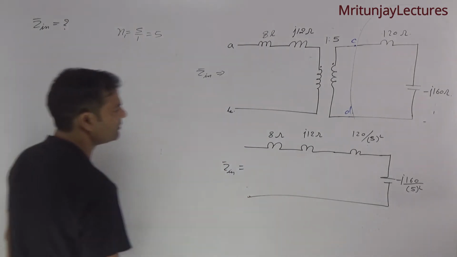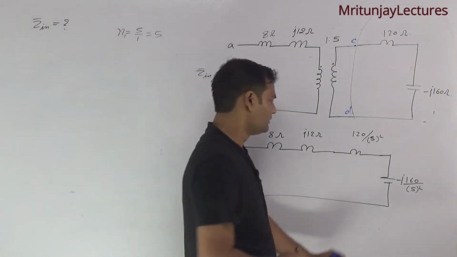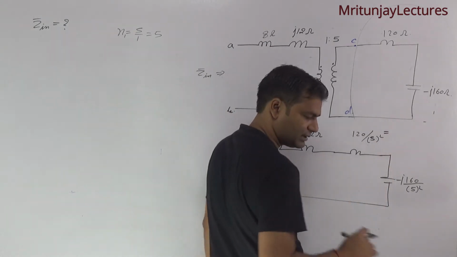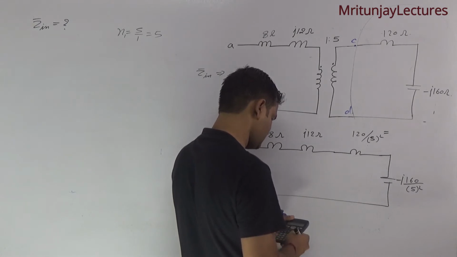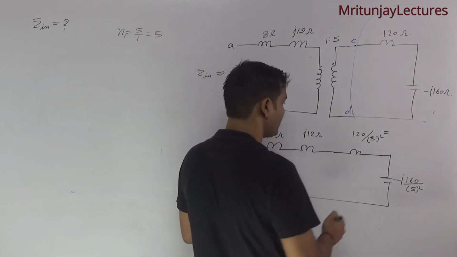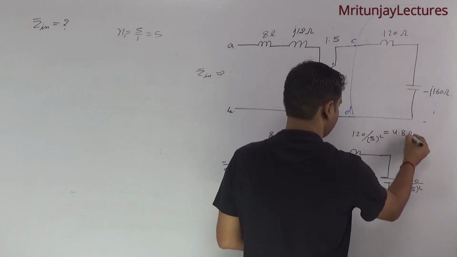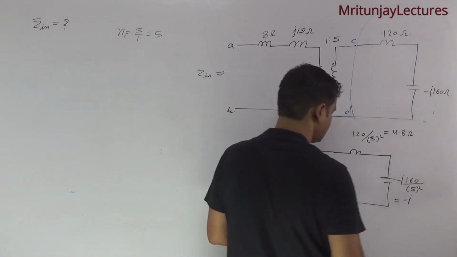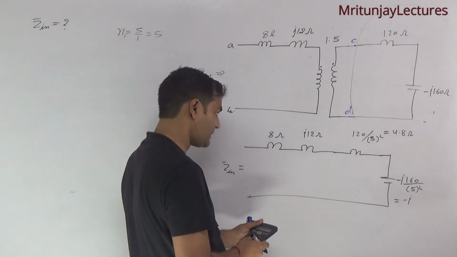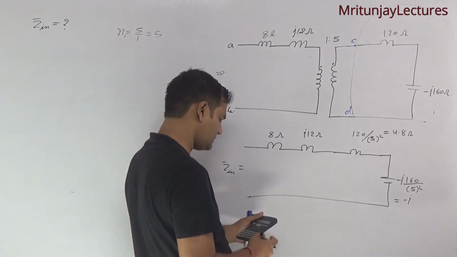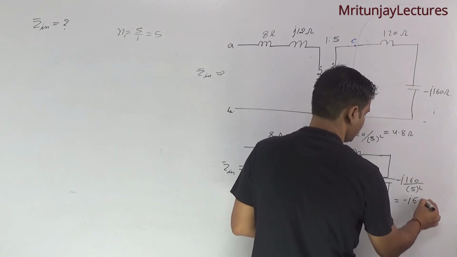Now this one is also written as 120 divided by 25, that is 4.8 ohm, and this one is minus J, 160 divided by 25, that is 6.4.